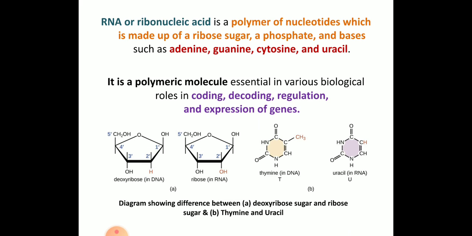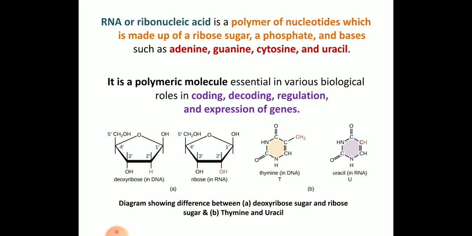RNA is nothing but ribonucleic acid, which is made up of a polymer of nucleotides, and it contains ribose sugar. So it has ribose sugar, phosphate and the bases. The bases are adenine, guanine, cytosine and uracil.